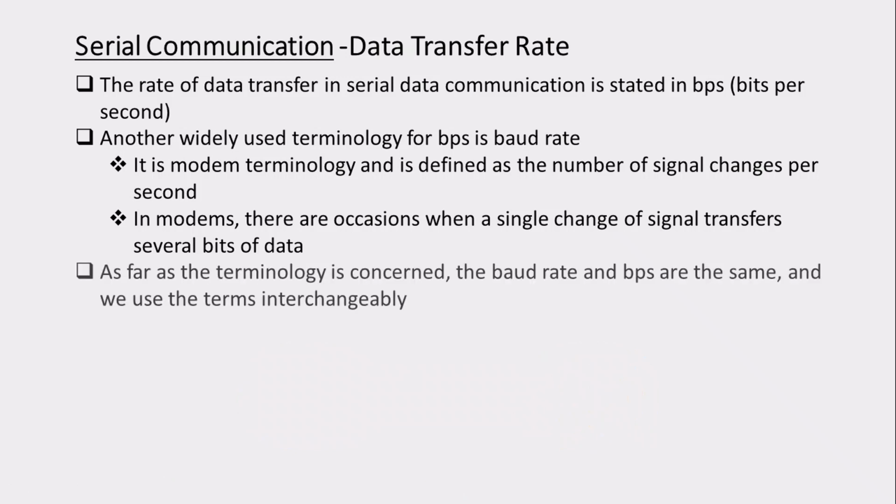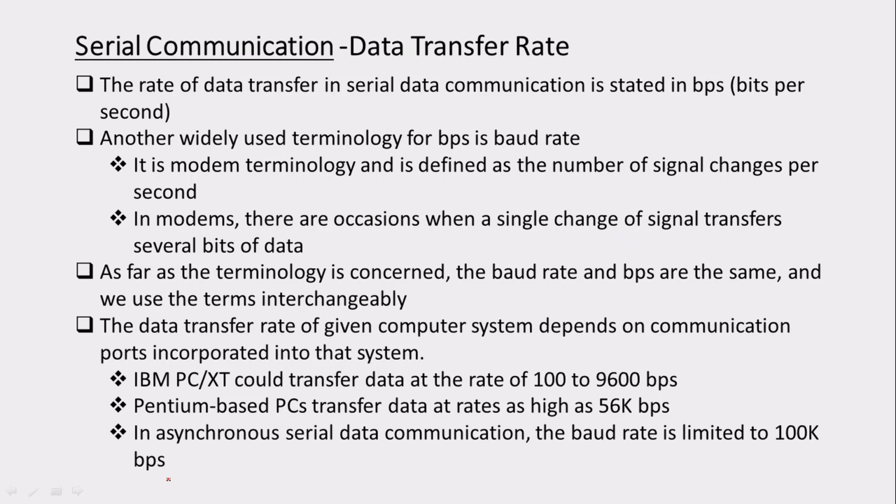As far as terminology is concerned, baud rate and bps are the same, and we use these terms interchangeably. So don't get confused between baud rate and bps. Both terminologies are the same. The data transfer of computers has been improving over time. For IBM PCs, the maximum data rate was a baud rate of 100 to 9600.